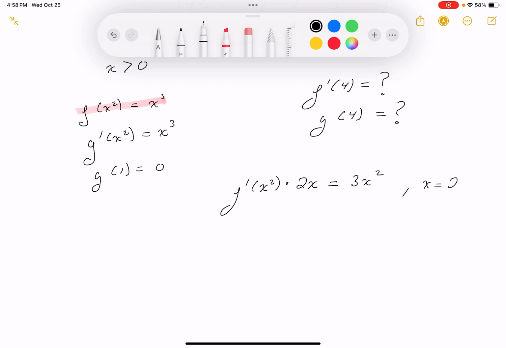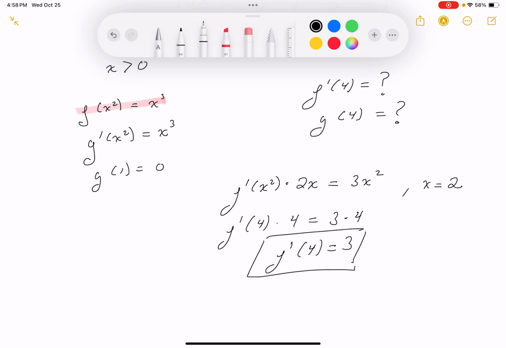I guess we'd make x equal to 2, right? So what do you get over here? f prime of 4 times 4 equals 3 times 4. So f prime at 4 would equal 3. Right, so I found that. You may say by chance, but I did find it.